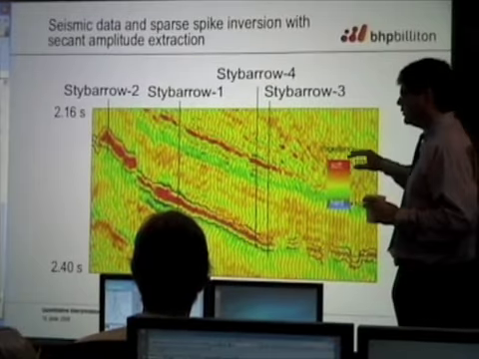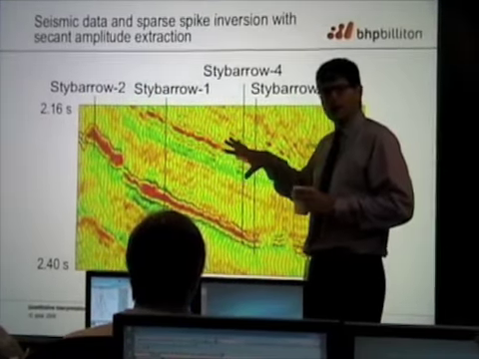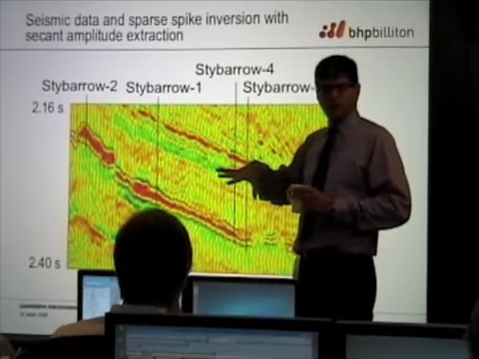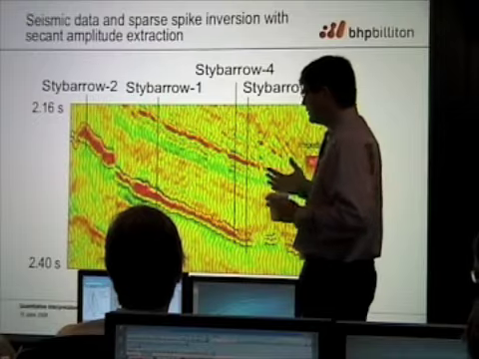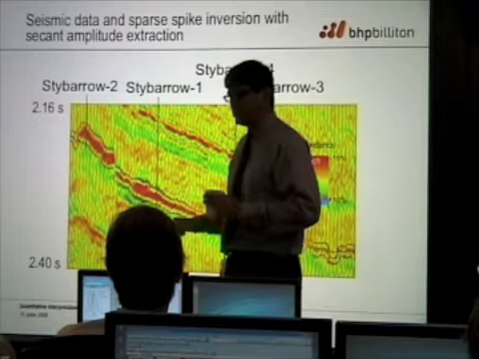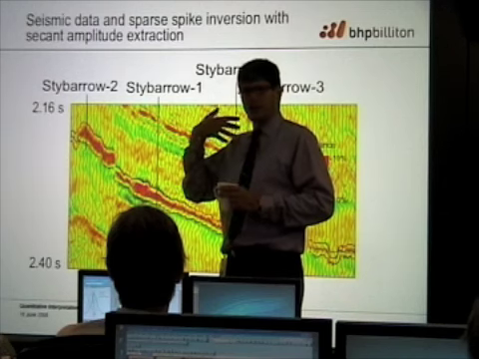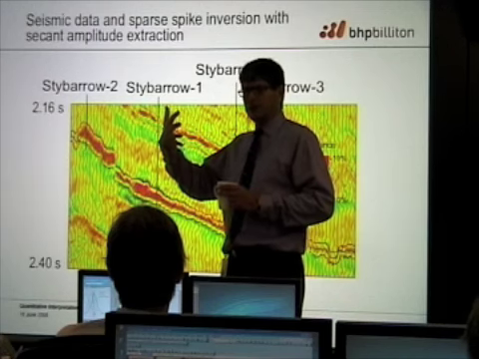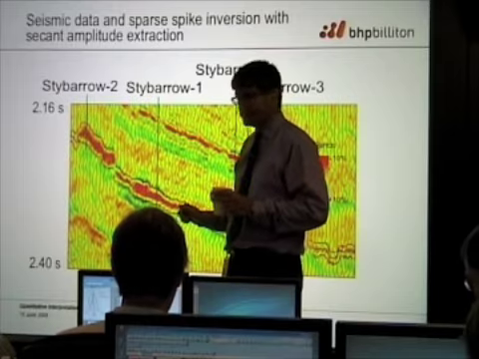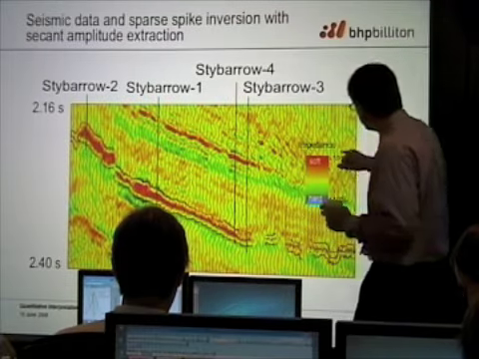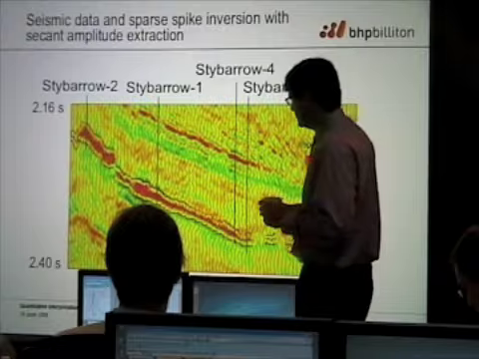The sparse spike inversion you get has already had the millivolt to reflectivity calibration, so if you extract an amplitude from here, it's effectively had that calibration that Dave talked about done to it. It's evidenced by the fact that these are reflectivity units.